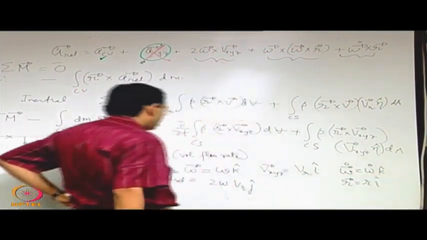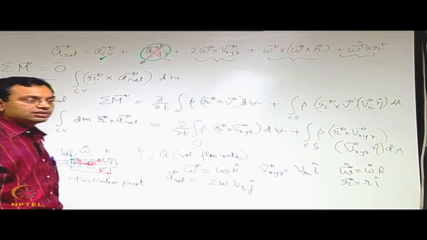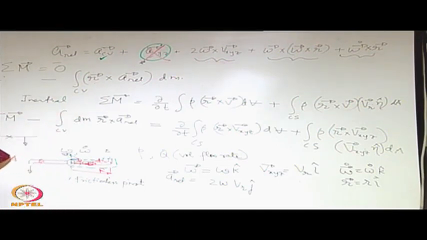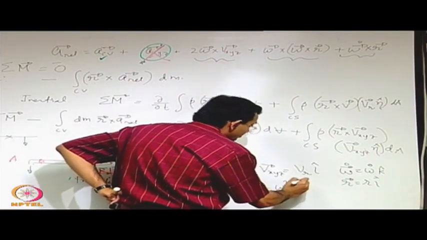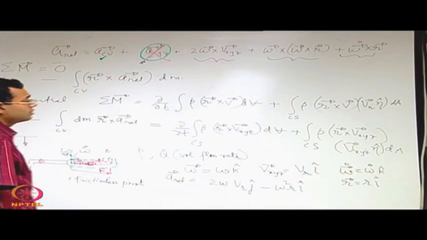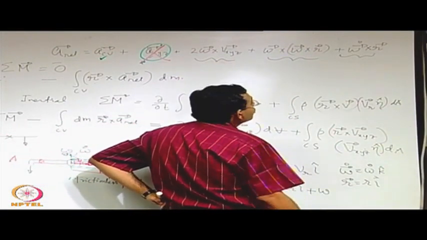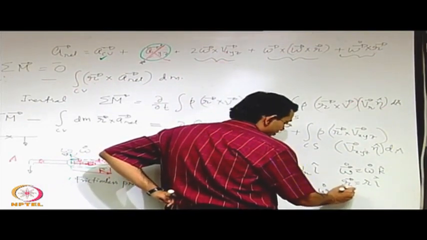R i. So, omega cross r is omega r j, and omega cross omega cross r is minus omega square r i. So, it is just like centripetal acceleration. So, minus omega square r i, then next is omega dot r j.